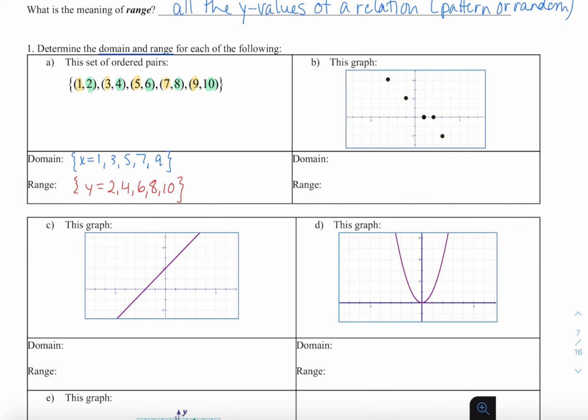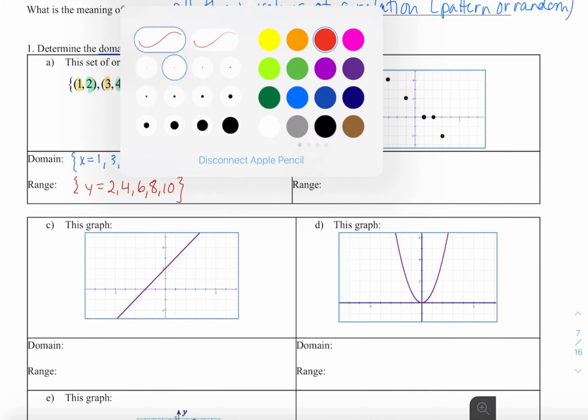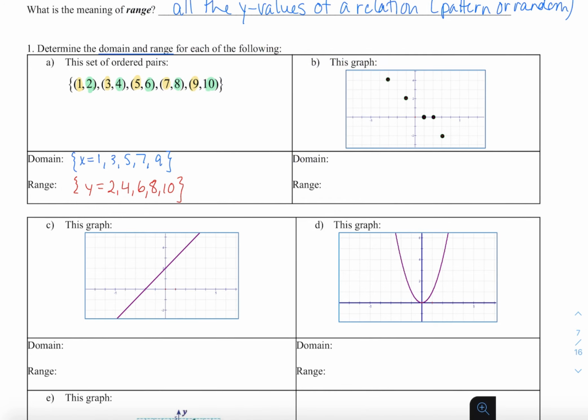So when I give it to you in a set of ordered pairs, you can just look at it. If I give it to you as a graph, you have to do maybe a little bit more work. You have to look at the coordinates on the grid. So I can see that my x values are -3, -1, 1, 2, and 3.